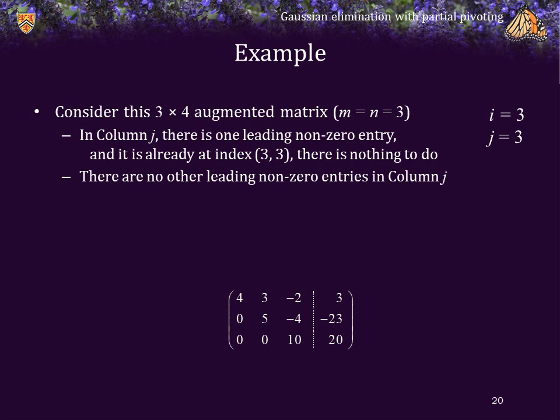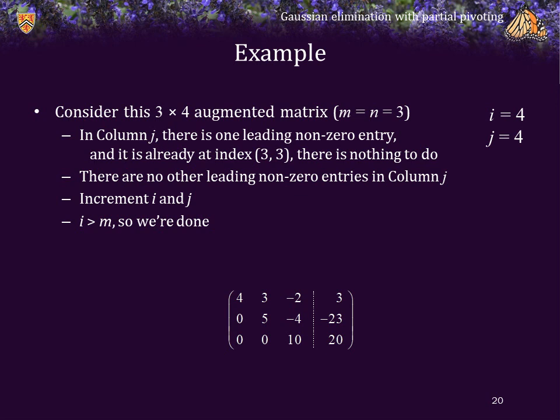There are also no other leading non-zero entries in column j equals 3, and so we are done. We will increment both i and j. They are now both equal to 4, and we note that i equals 4 is greater than m, which is equal to 3, and thus we are done.